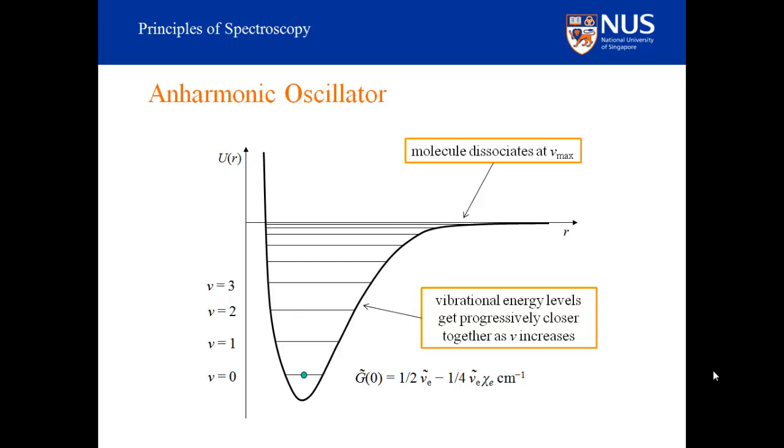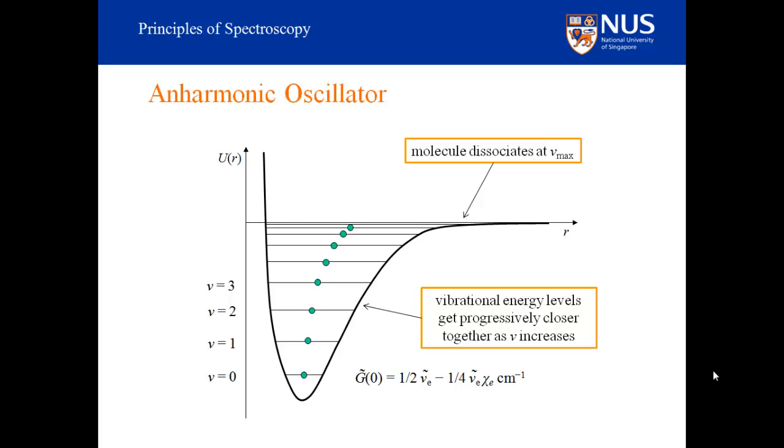The average bond length in any vibrational level can be considered to be the midpoint between full compression and full extension, again, at least in a classical sense. Classically, our molecule cannot have a bond length smaller than the limit imposed by the potential energy, because if it did, then its total vibrational energy would be smaller than the potential energy, which implies, as I just said, that kinetic energy would be negative, which makes no sense classically.